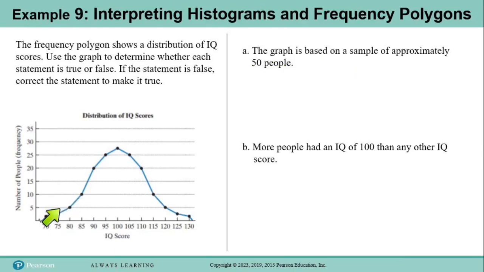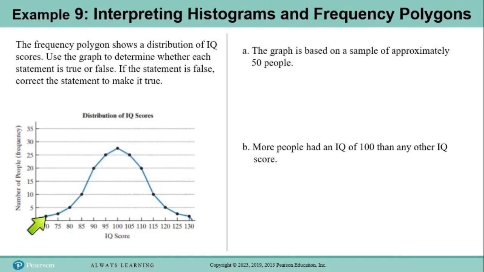Well, let's see. We know that for each dot here, the height of that dot represents the number of people in that class. So what we can do is just add up the height of each of these. So this class right here where the score is 70, it looks like I'm thinking maybe 2 people in that class because the 5 dot would be up here.